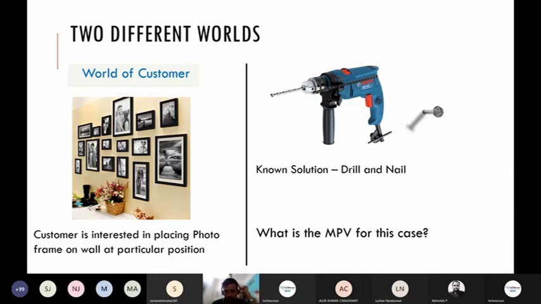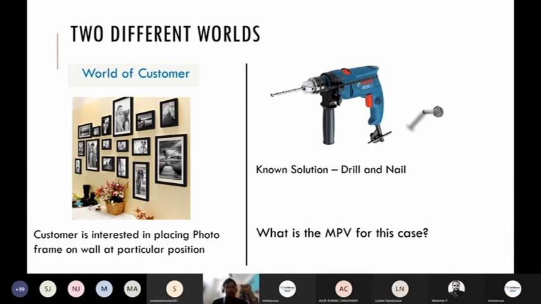MPV has nothing to do with the solution. MPV is the translation of the customer need. Please understand, it is just a translation of the customer need. There is nothing about solution when we are in the world of customers.